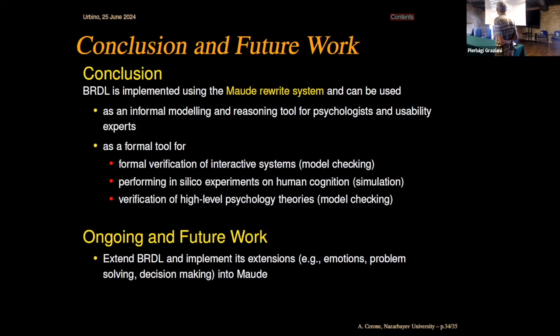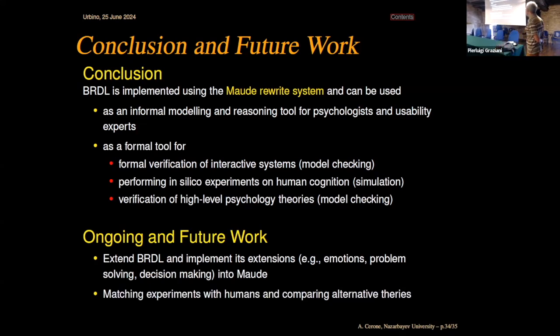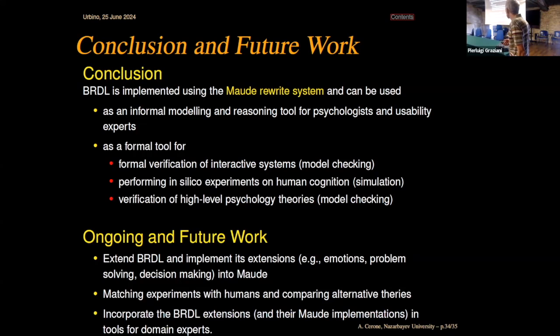And we want, of course, to implement all this in Maude. We want to match, of course, we are doing it. This is very time consuming, matching experiments with humans, comparing alternative theories. This is very long-term work, and it will be done over the next years, hopefully getting also some grant that will support it.